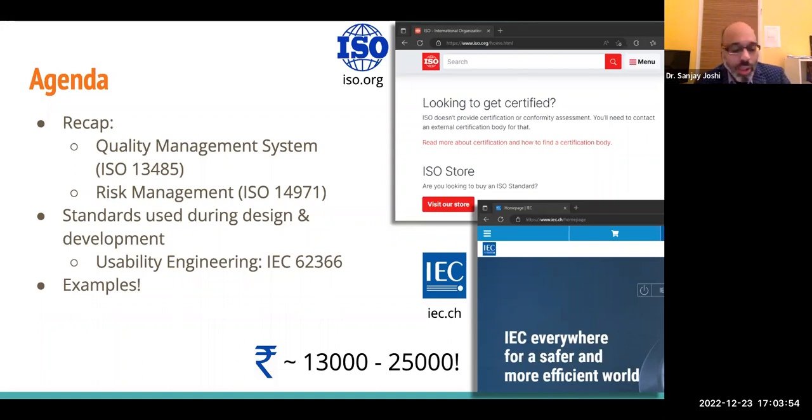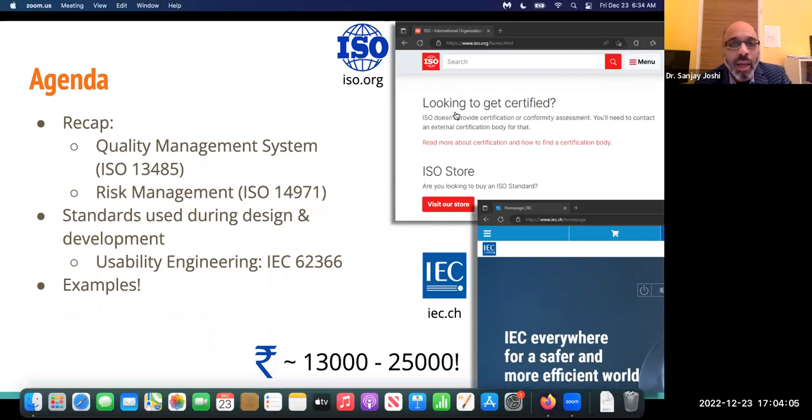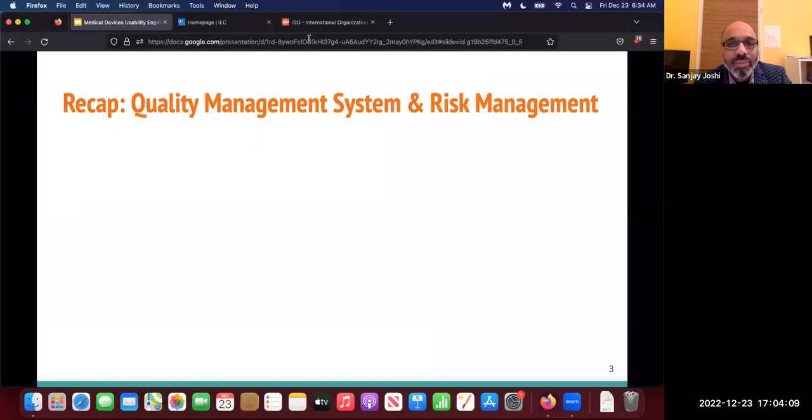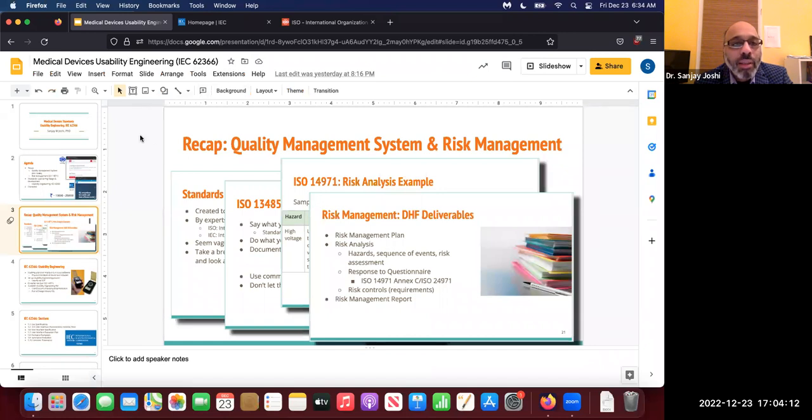Now, I do talk about standards, so I quickly wanted to bring up the websites for these organizations. There are 2 main organizations that publish standards for medical devices, ISO and IEC.